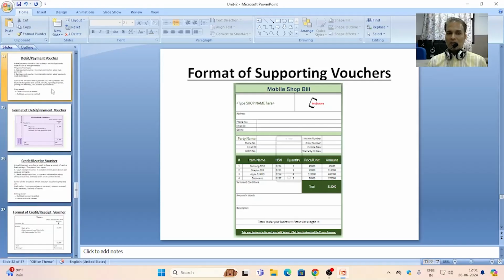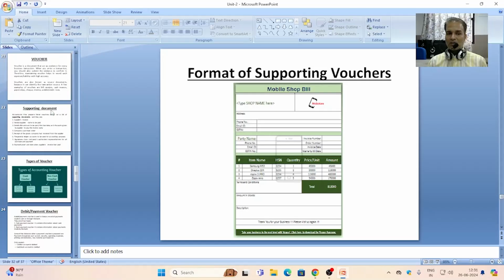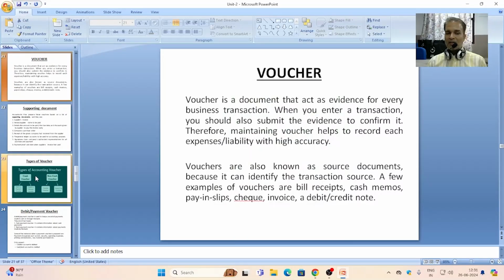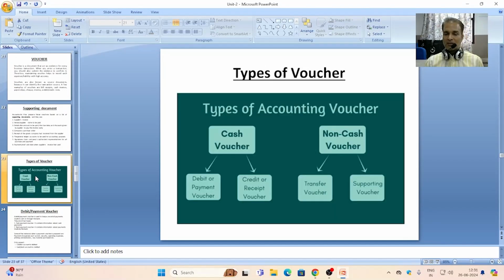Regarding the voucher, we can say that voucher is a documentary evidence of transactions. It has two main types: cash voucher and non-cash voucher. Under cash voucher, debit or payment voucher, and credit or receipt voucher. Under non-cash voucher, transfer or general voucher, and supporting voucher.